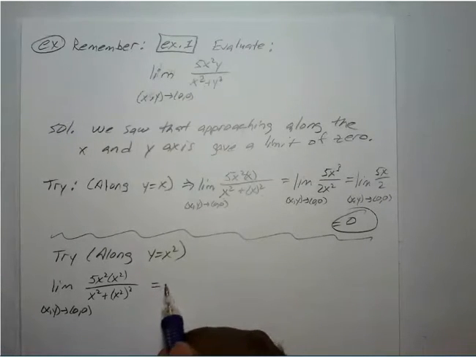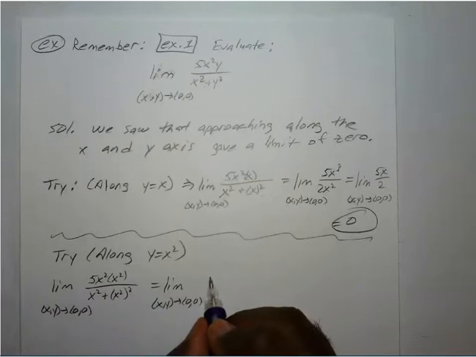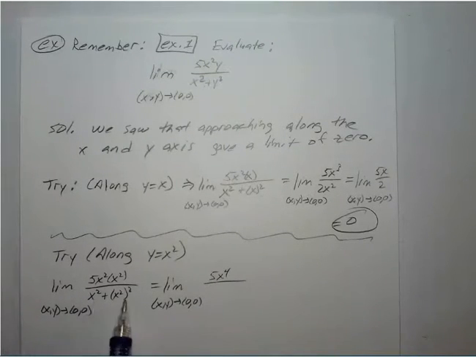So what does that give us? That gives us the limit as (x,y) approaches (0,0) of 5x to the fourth over x squared plus x to the fourth.